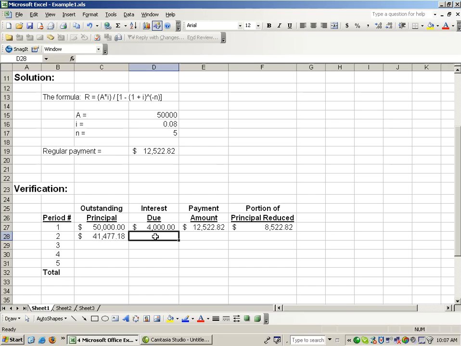So when interest is calculated, it's calculated on the outstanding principal. So less interest in the next payment. Okay. Which also means that more of the second payment consists of principal.